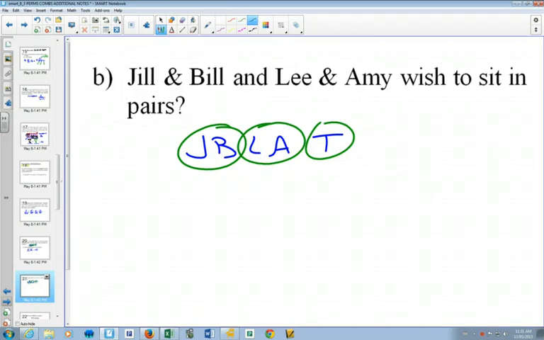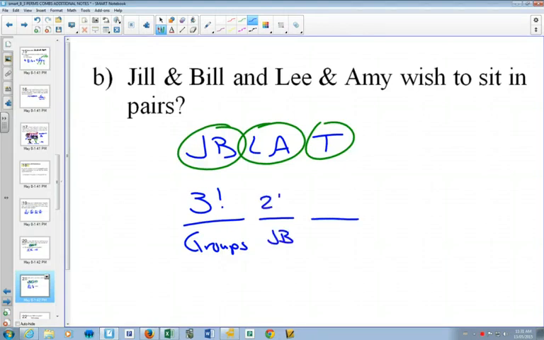For our number of groups, we would have 3 factorial. And for permutations within our groups, there's the Jill and Bill one, which is 2 factorial, and the Lee and Amy one, 2 factorial. If you want to include Tom as 1 factorial, that's okay, but 1 factorial is just 1, and it's not going to affect it.